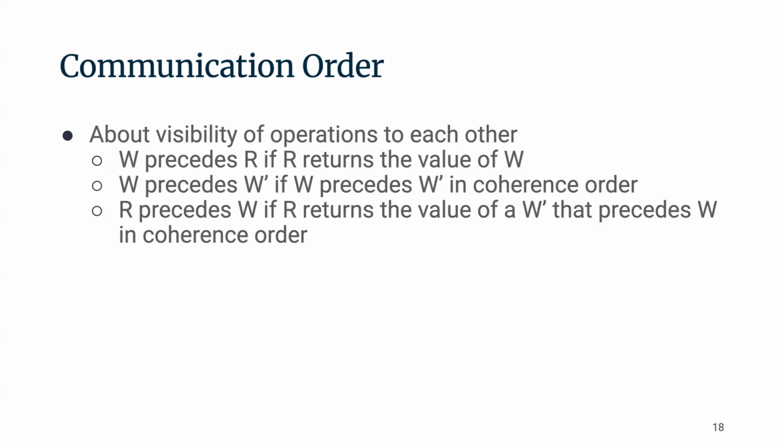What that means is, you have two writes, and the coherence order says this happens before the other one. The visibility of those writes also happens in that order. A read precedes a write if the read precedes a write that happened before that write in coherence order.